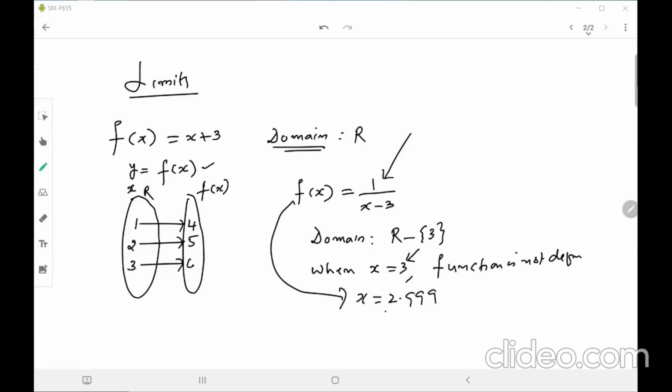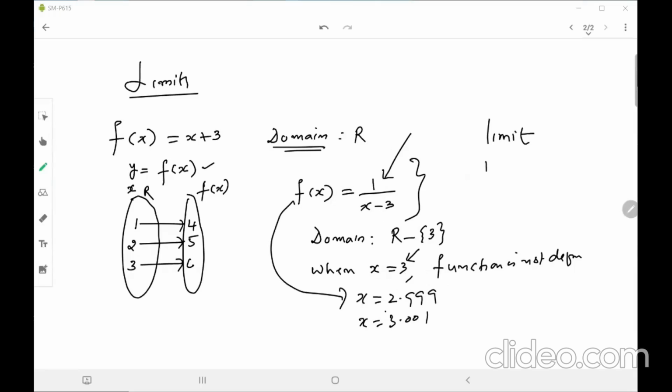It will give us some information. That information will be the same as x equal to 3. Similarly, I can put the value, say, 3.0001. If I put 3.0001 in the calculator, I can get the value of this. Based on this, I can say something about the nature of this function. For this purpose, we are using the idea of limit.